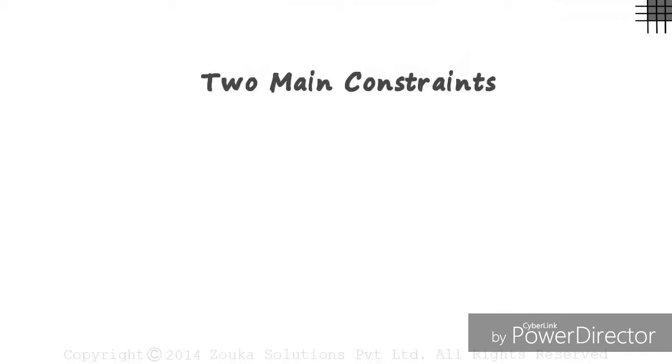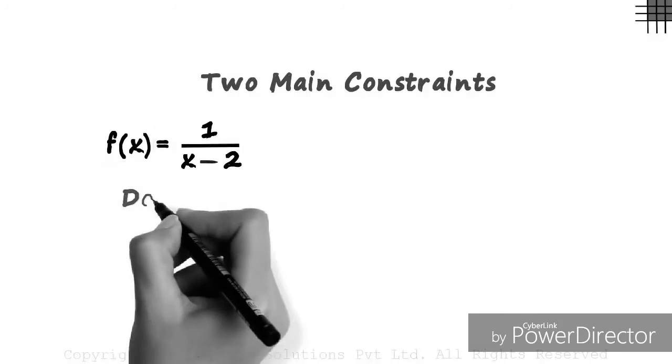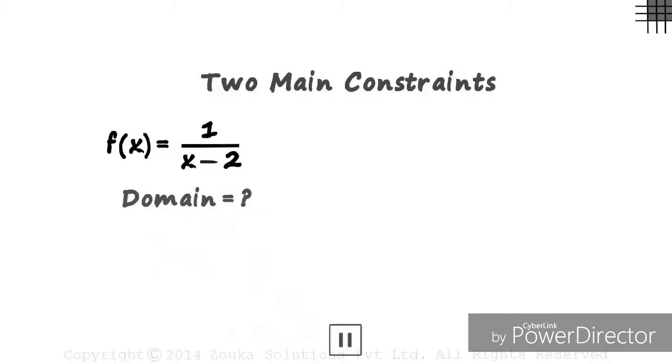To give you some good news, there are two main constraints that are very common in the exams. Look at this function. F of x is 1 over x minus 2. What is the domain of this function? Domain is the set of all possible input values.